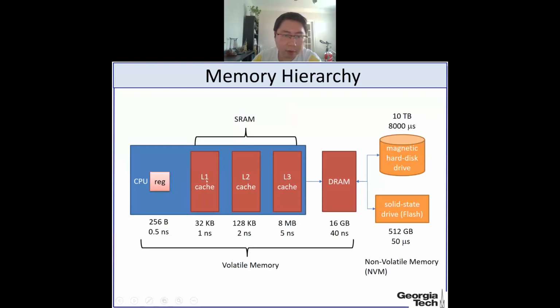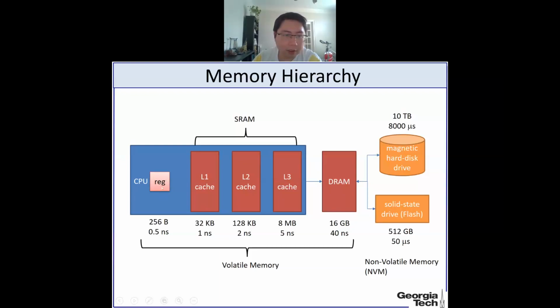Here, those red boxes, the first one is the register. This is to store the most immediate data for your processor. For example, if the processor next cycle will take two vectors to do the multiplication, those two vectors will be stored in this local register.